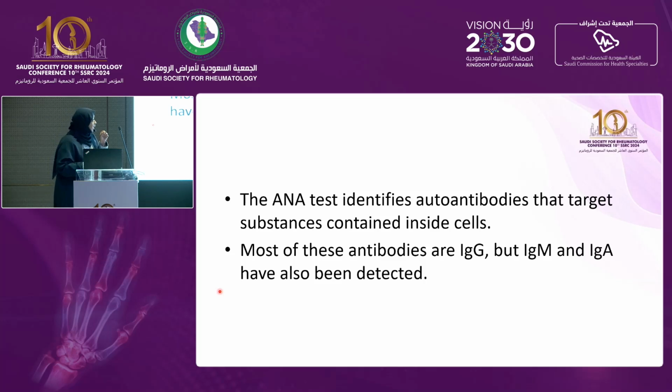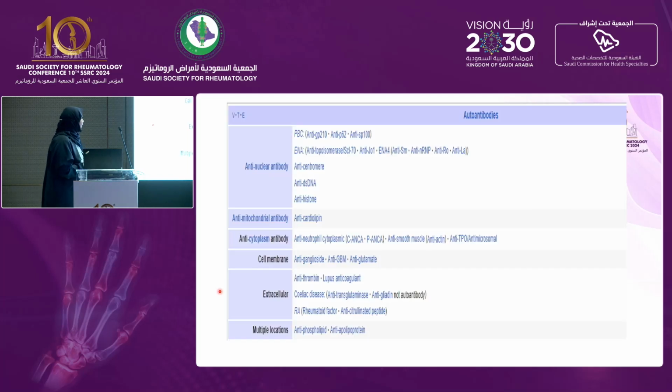So ANA detects autoantibodies in the patient, where you are expecting autoimmune disease. Actually, it is not intranuclear or antinuclear only. Again, it is cellular. So the antibodies can be found in the nucleus or in the cells. Most of these antibodies are IgG, but IgM and IgA can also be detected, less frequently.